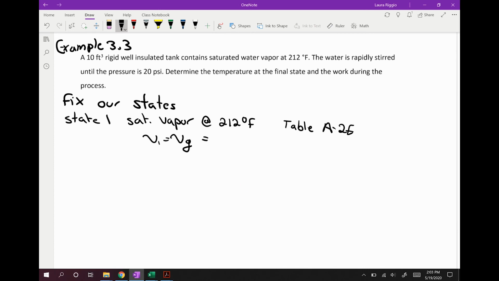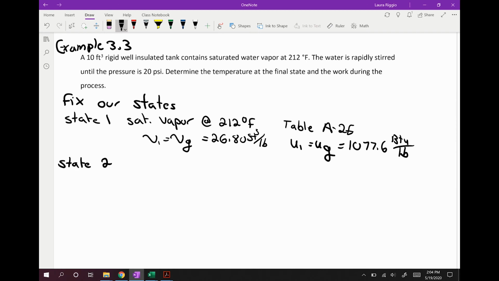At 212 degrees Fahrenheit, our saturated vapor specific volume is 26.8 feet cubed per pound, and our internal energy, which is equal to our saturated vapor internal energy, is equal to 1,077.6 BTUs per pound.